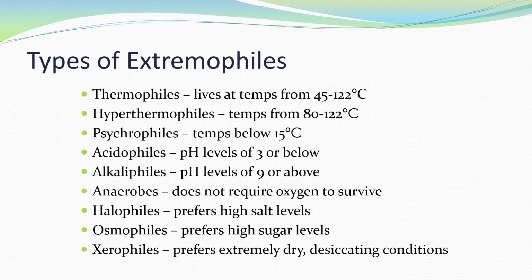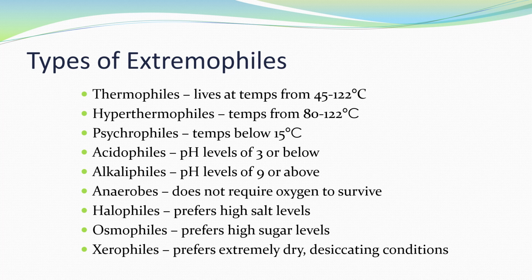Hyperthermophiles are going to be extreme heat lovers. You don't need to know the temperature ranges, just know the term and maybe in general what it means. And then we have psychrophiles. These guys are going to be our cold lovers. So those are our three temperature extremophiles.